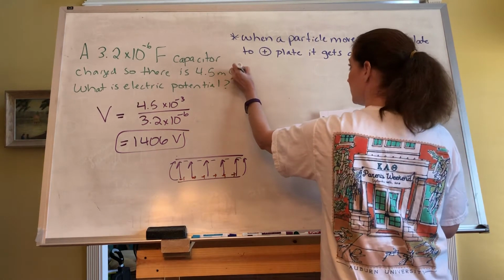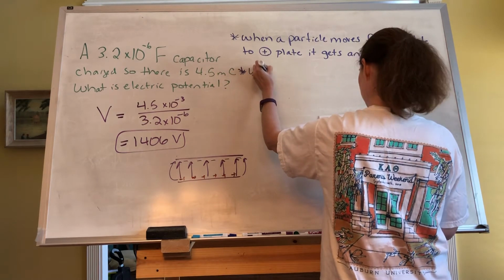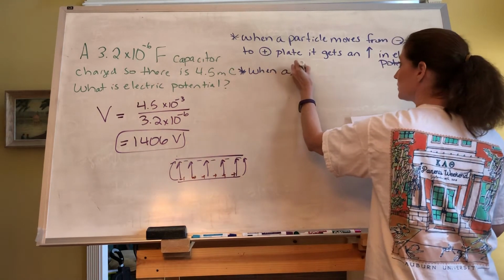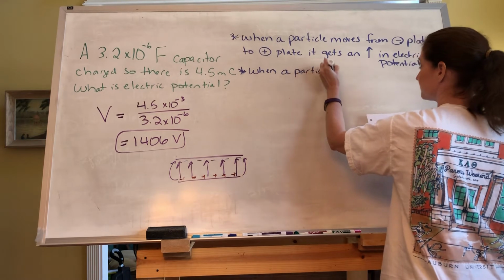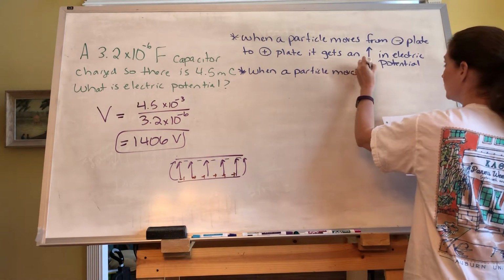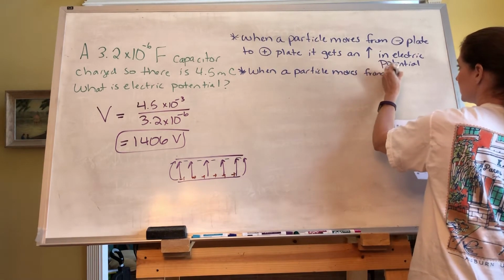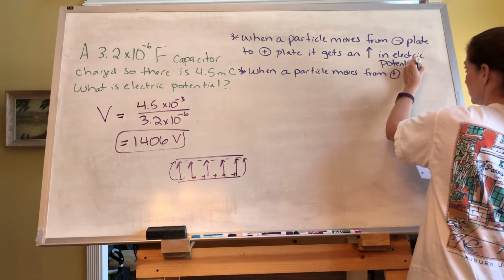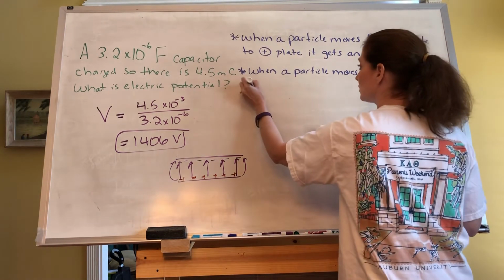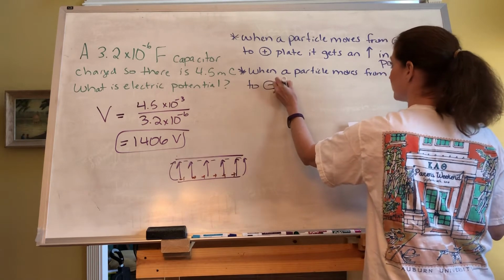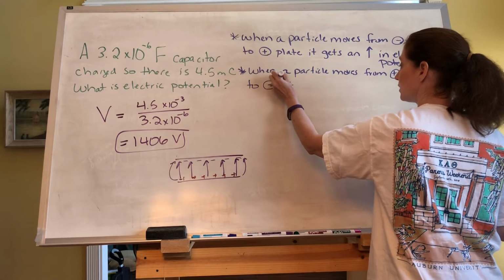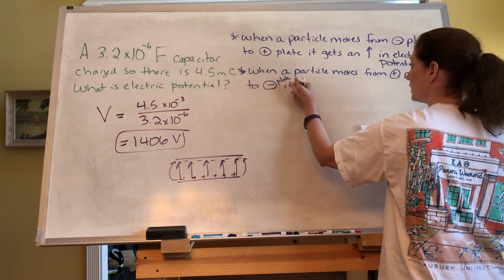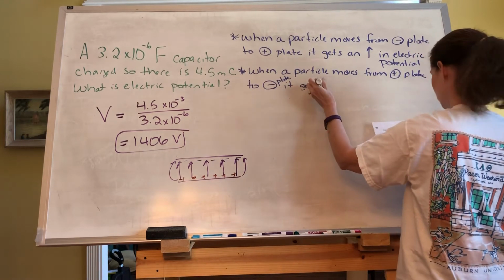And then when a particle moves from positive to the negative, it gets a decrease in electric potential.